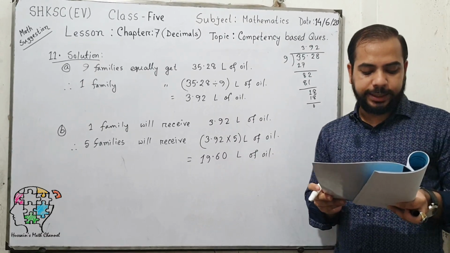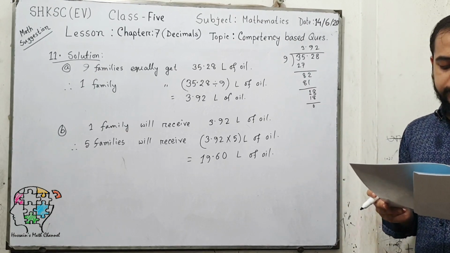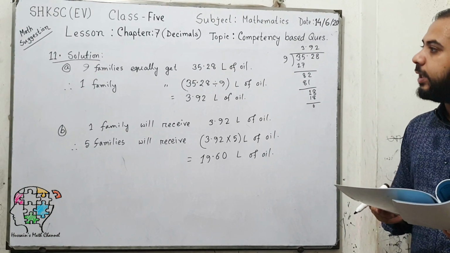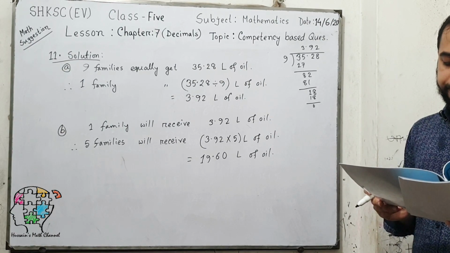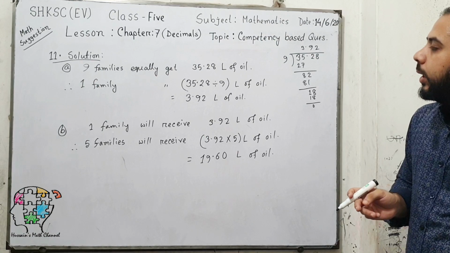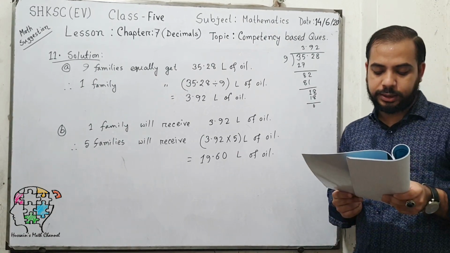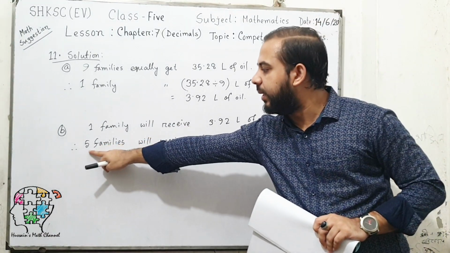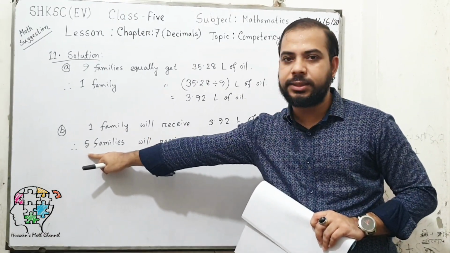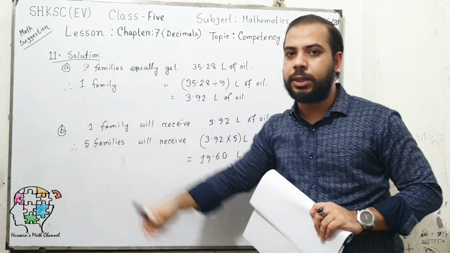Now move on to question number C. If there is one more family, how many liters will each family receive? Here there is a confusion about what one more family means. In number B there are 5 families, so do we add to these 5 families, or do we use 9 families plus 1?